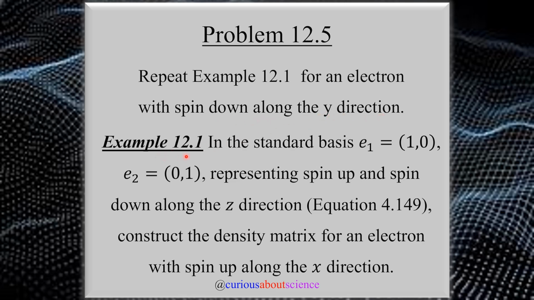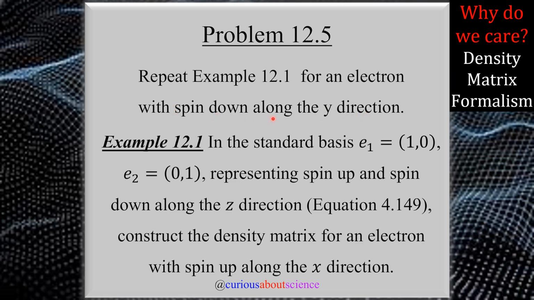In example 12.1, this was in the standard bases E1, which is (1, 0), and E2, (0, 1), representing spin up and spin down along the z direction, or equation 4.149, to construct the density matrix for the electron with spin up in the x direction. So again, what we're doing is changing this direction to the y direction, and we want spin down.